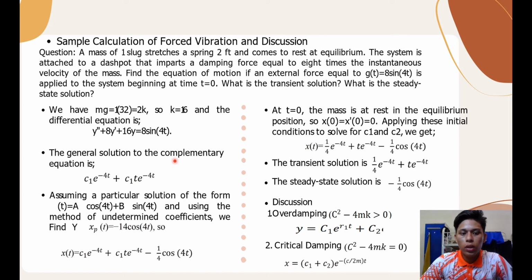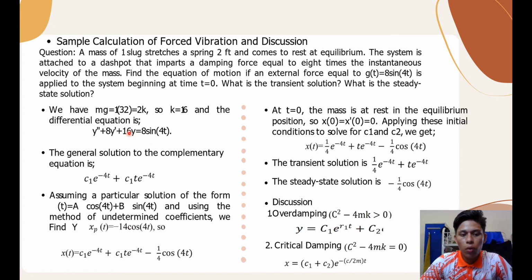And then we put it into the general solution, which is yc equals c1 e^(-4t) plus c2 t e^(-4t). So we need to find yp.